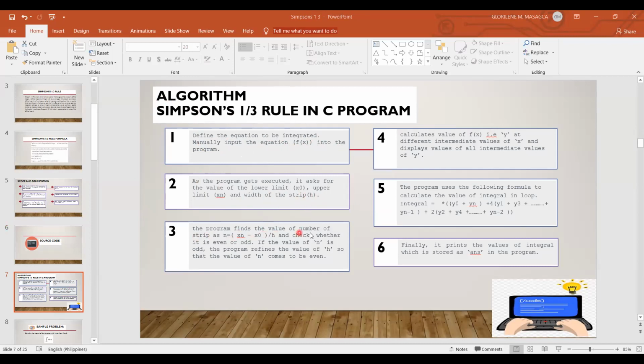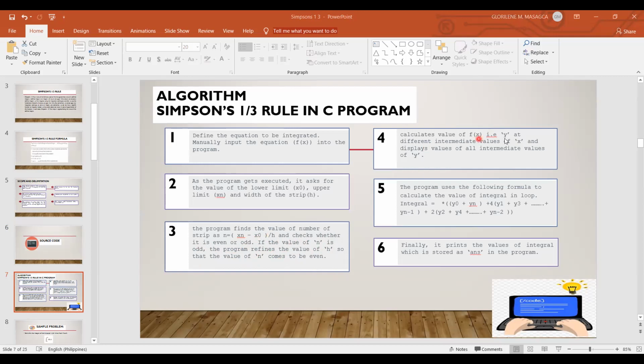So the program finds the value of number of strips as n is equal to xn minus x0 over h and checks whether it is even or odd. If the value of n is odd, the program refines the value of h so that the value of n comes to be even.